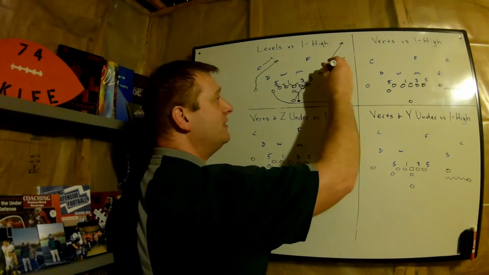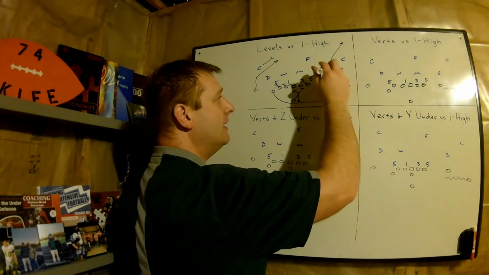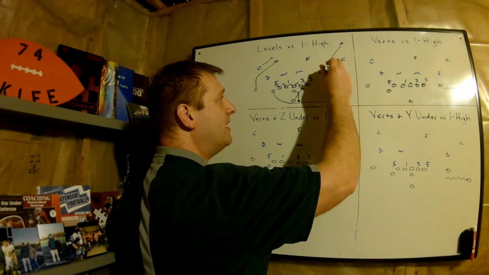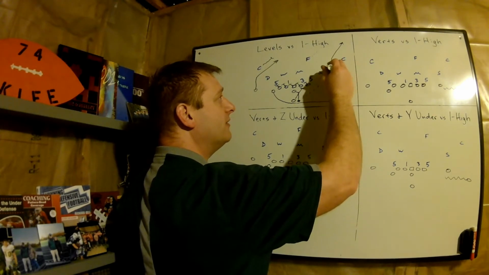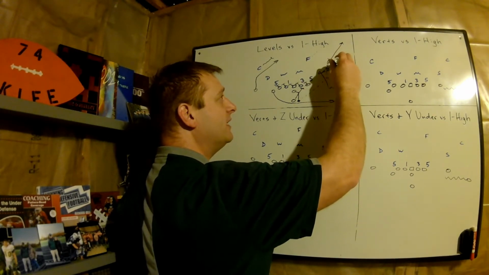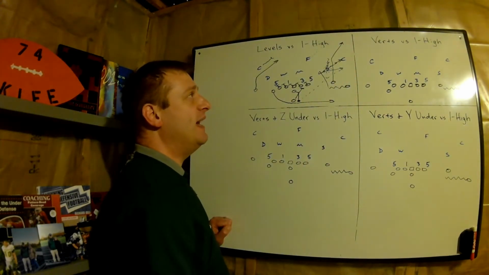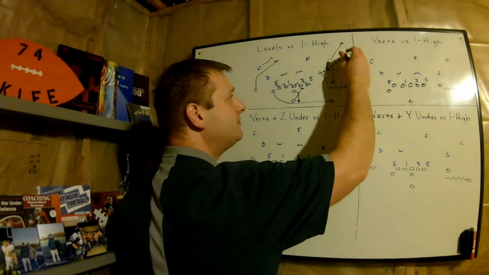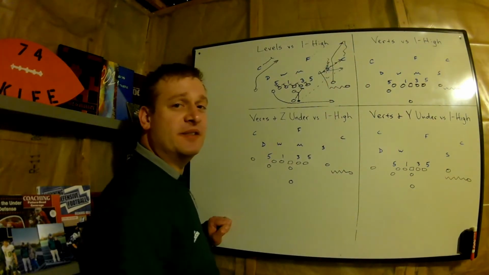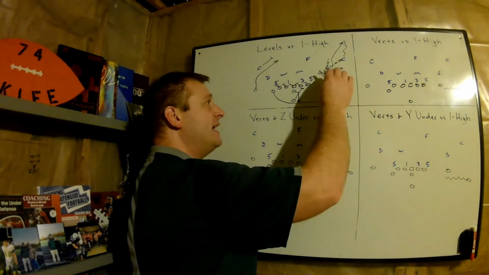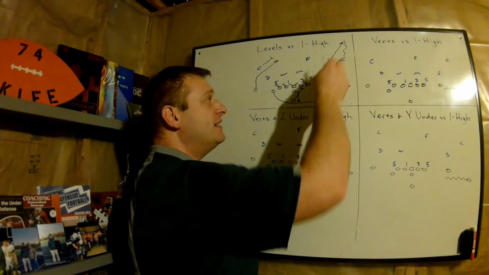If that curl flat defender ends up dropping off, we're going to make the route deeper. Obviously, we don't want to end up at the same level as our teammate on the flag there, but by coming inside and giving that little pivot, that's going to time it up.